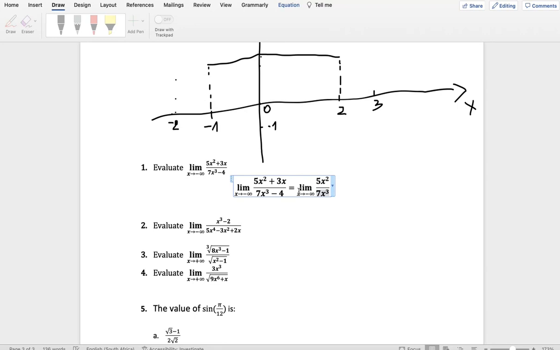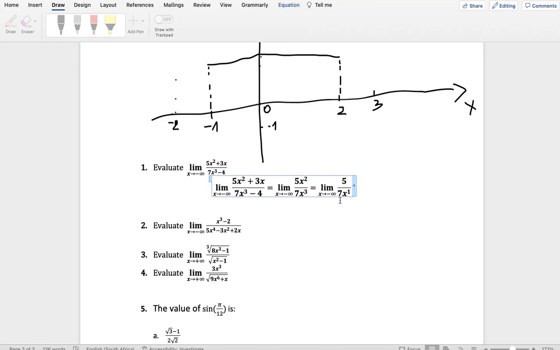And now you're looking for the limit as x tends to negative infinity of 5x squared over 7x cubed, right? And you can already simplify this by canceling the x in both the numerator and the denominator. So when you do that, what's left in the denominator is x to the 1, which is just x.